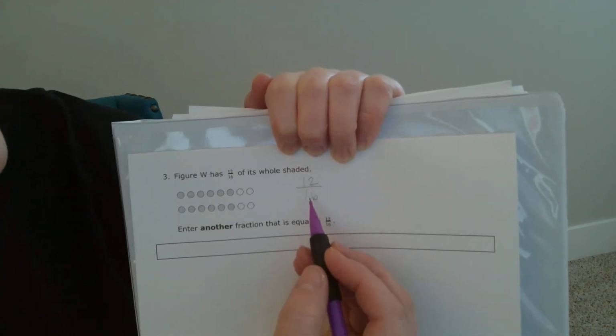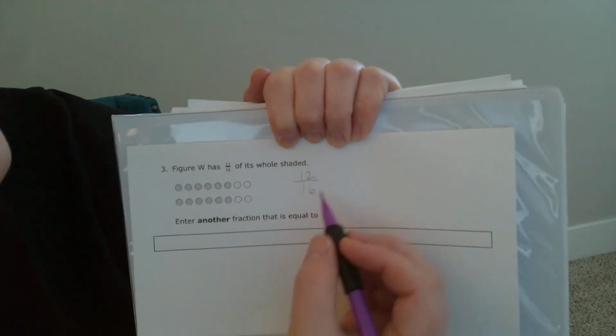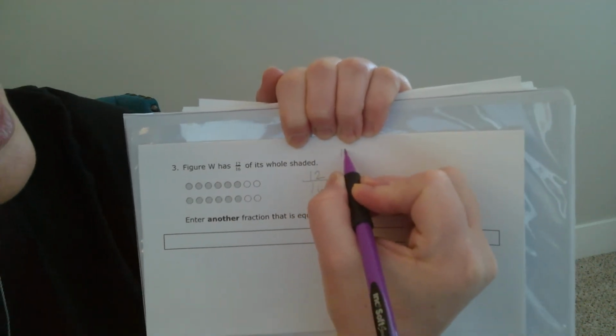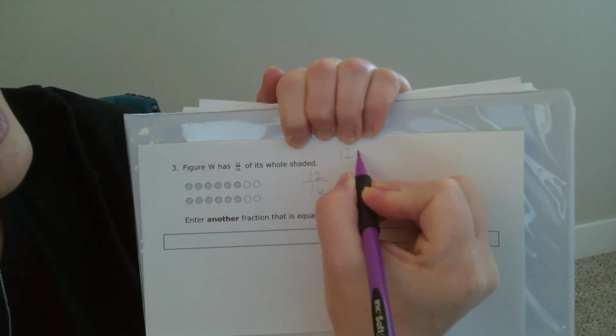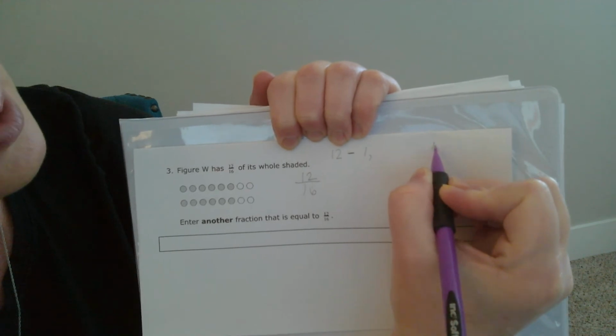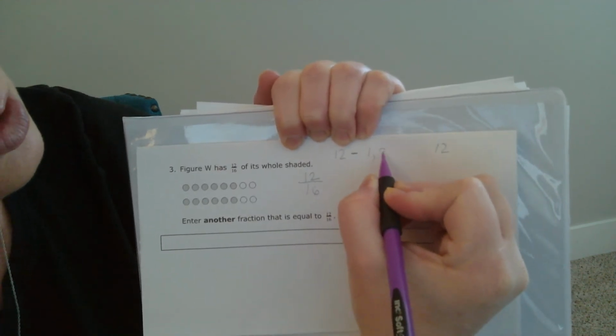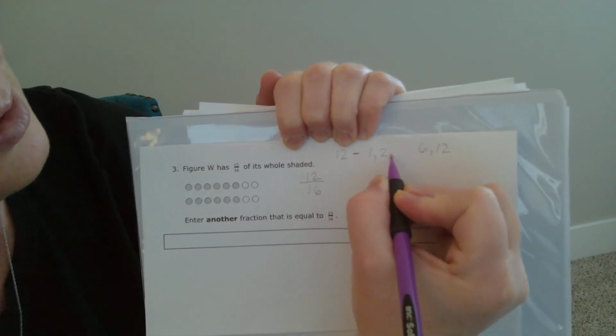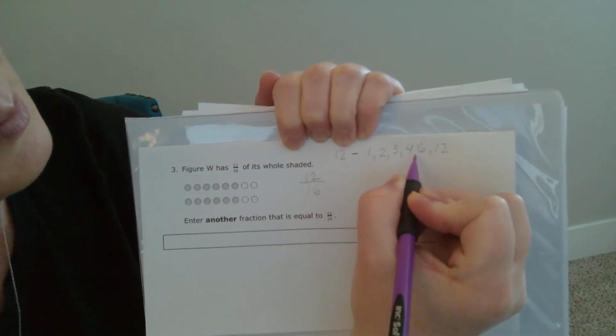So I'm going to do it this way. If I list out 12, there's 1 times 12, 2 times 6, and 3 times 4.